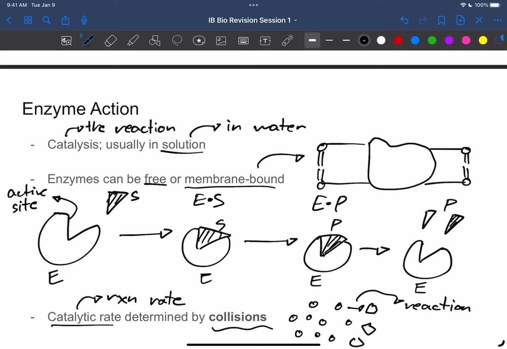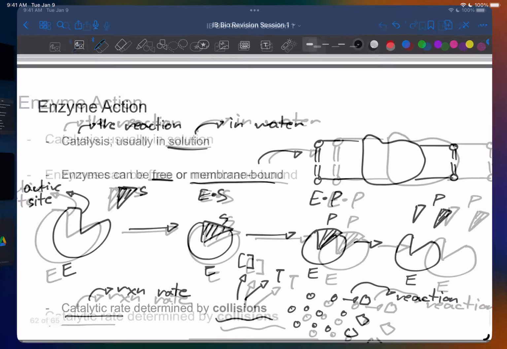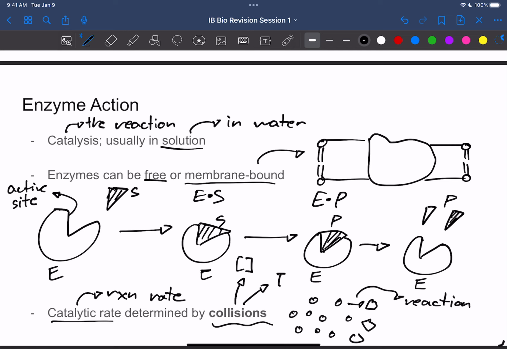How do we increase collision frequency? Well, concentrations. If you have more of something, it'll have a bigger probability of colliding with an enzyme. Temperature. Temperature can speed up the energy between different particles, and they can increase the amount of collisions they have, which increases the probability of a certain collision happening. So enzymes operate because of all these collisions, and they can operate better if there's a bigger concentration, or maybe even if you have more energy. It depends.